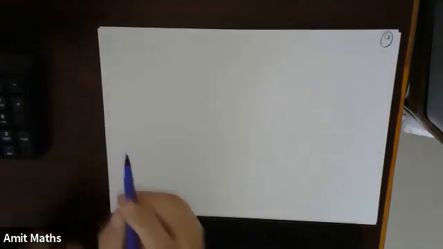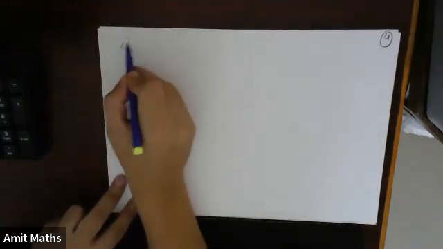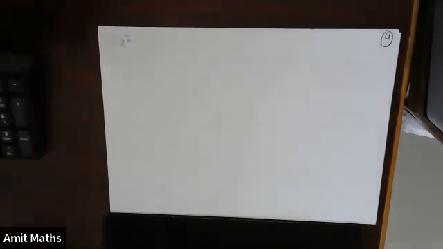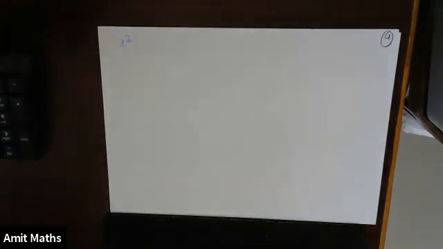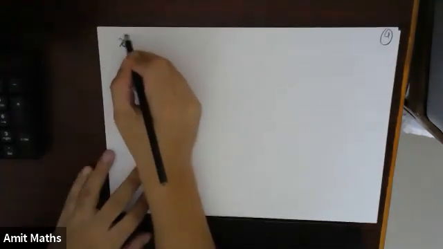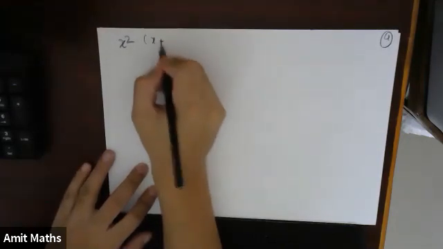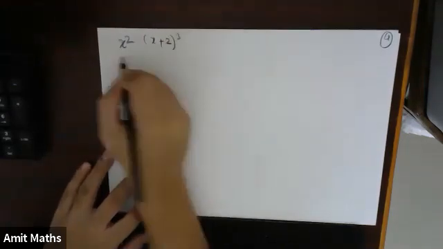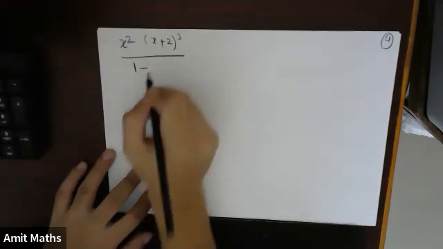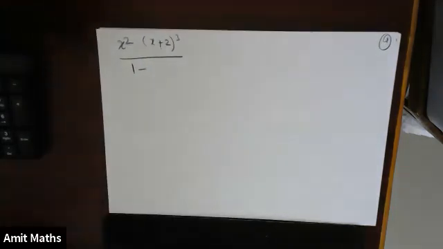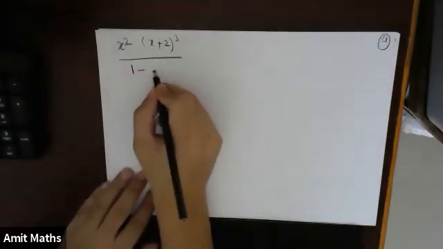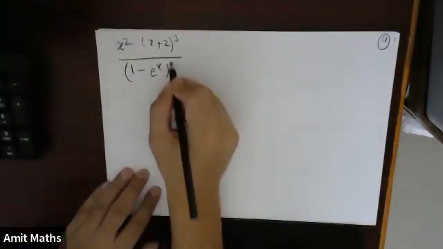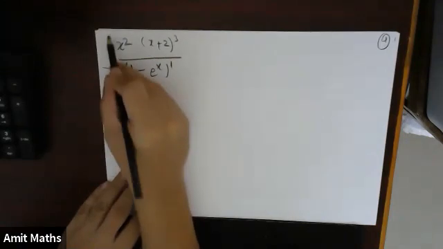Suppose you have x squared, x plus 2 cubed, and 1 minus e to the power x. What was the question? This was to the power 1, and this was under root.